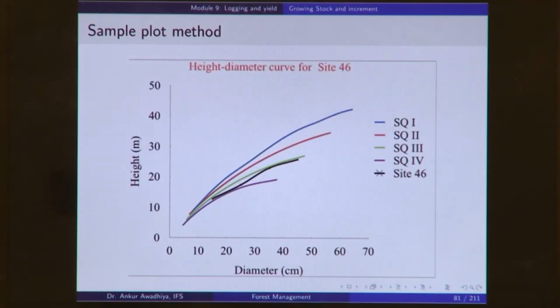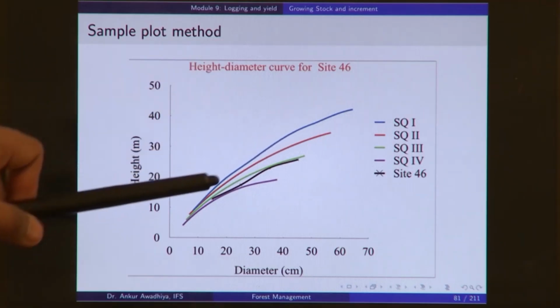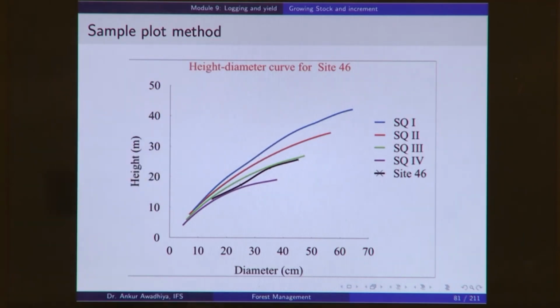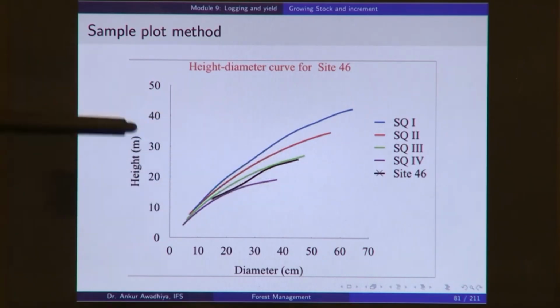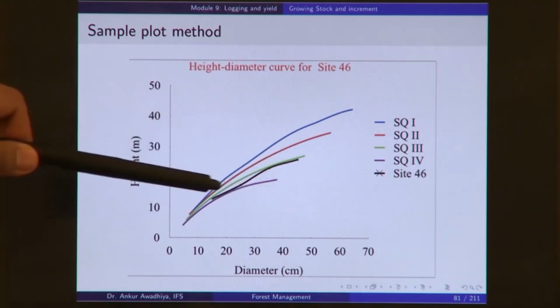So, in this case here we are seeing that the height versus diameter curve of sal trees in a forest stand. So, this was Timley forest stand. So, here we see that this black one is the one that we are getting from the field data. So, we saw that we have trees of different diameters and these are the different heights.